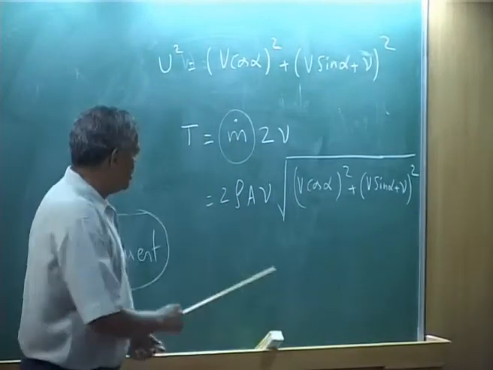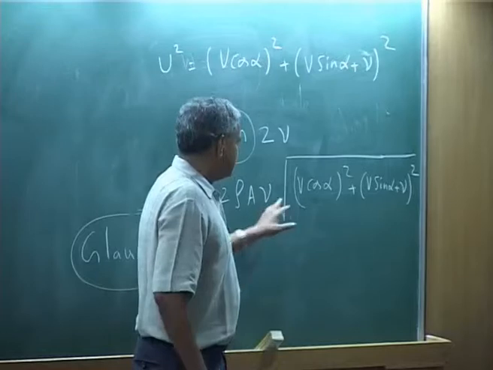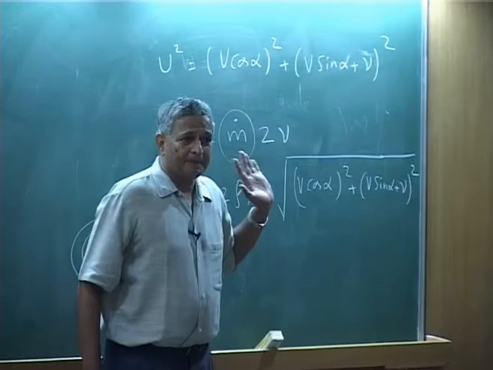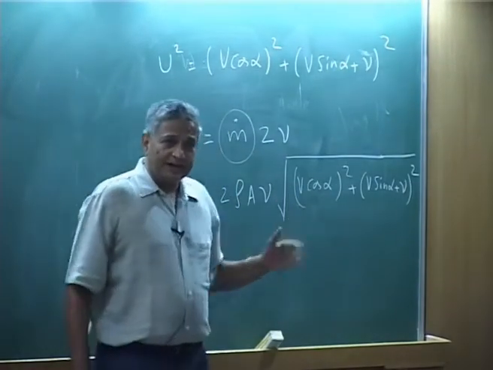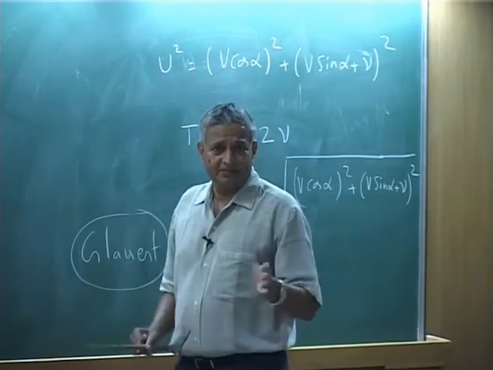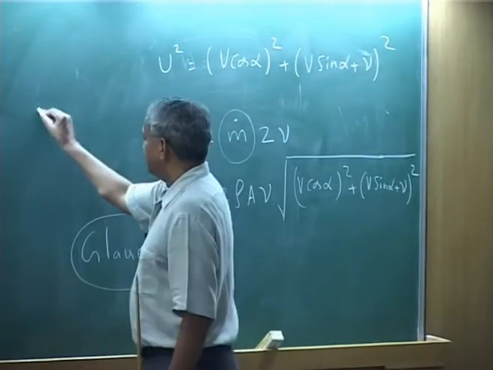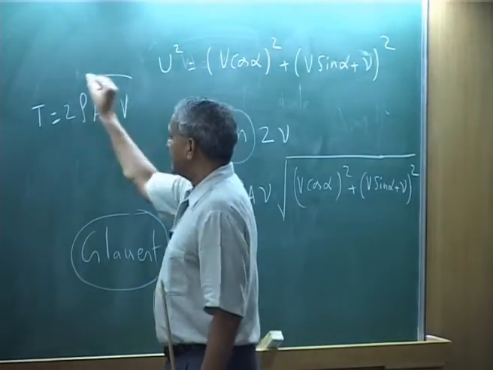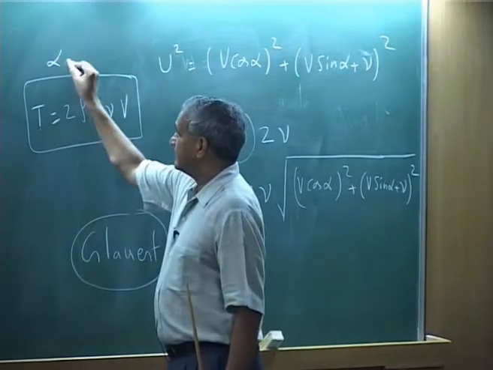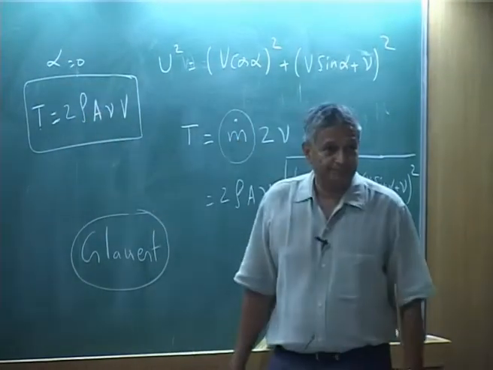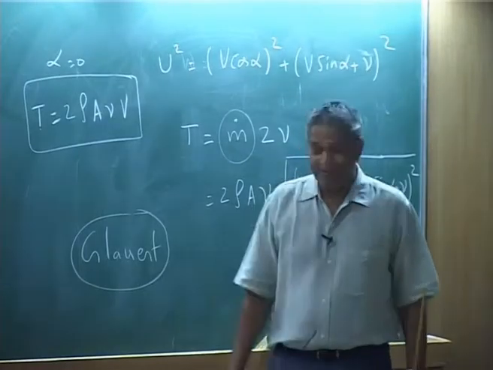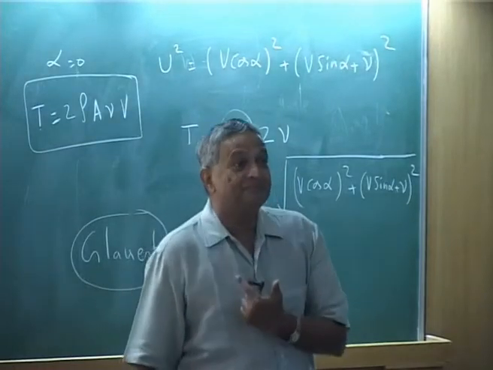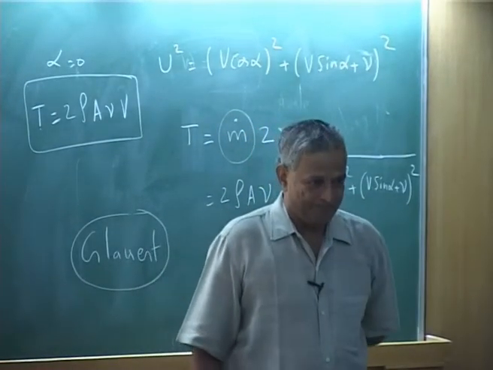So, this whole thing will be just the square root of V square, that becomes V. High speed flight, alpha 0, thrust is 2 rho A nu V. We will try to get that from fixed wing theory, okay.